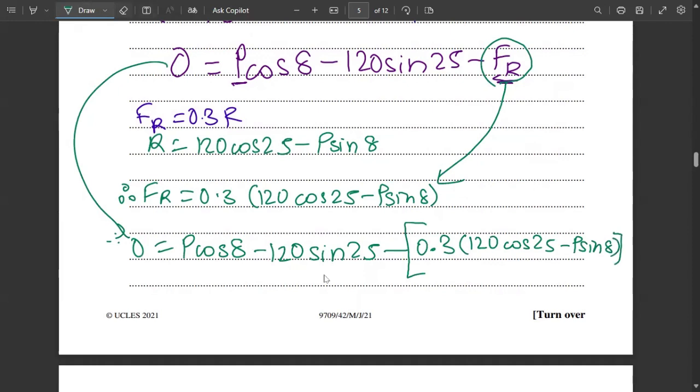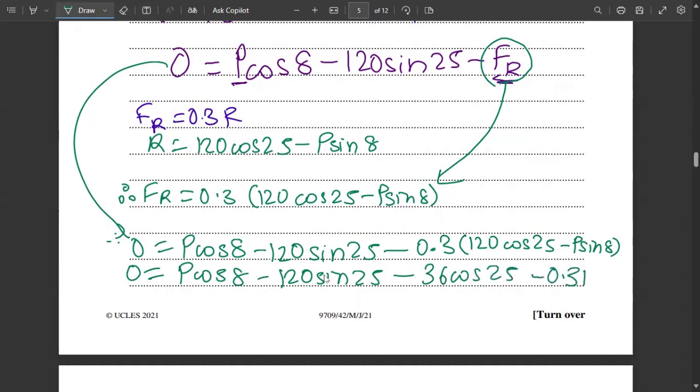Now if I remove this bracket, it will become 0 equals P cos 8 minus 120 sin 25 minus 0.3 into 120 is 36 cos 25 minus 0.3 P sin 8.